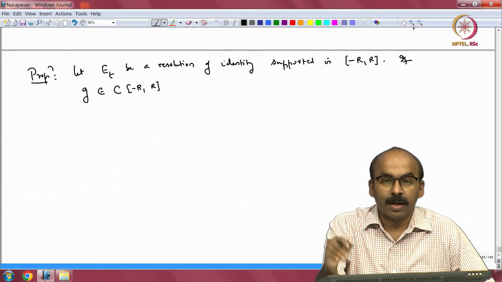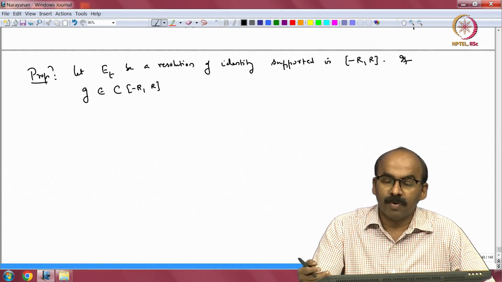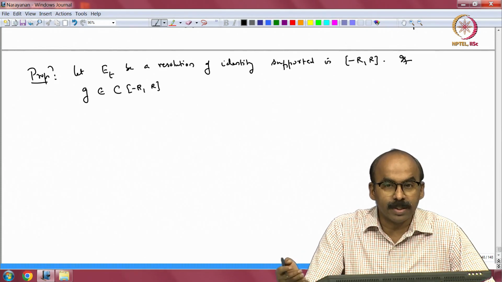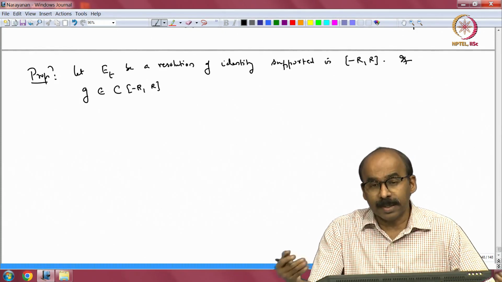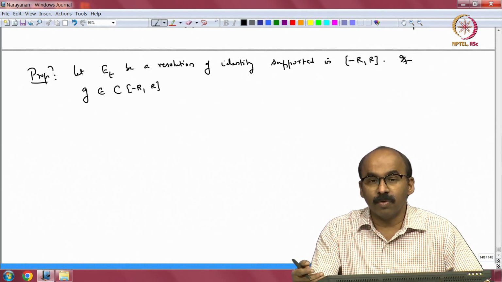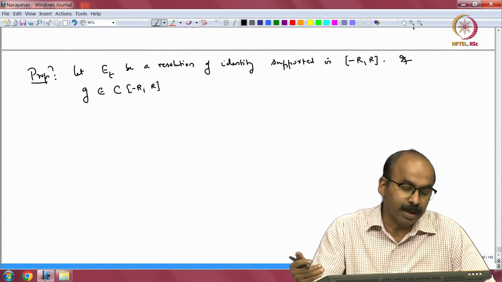Like what we saw earlier, we are sort of doing it the other way, we are starting with the resolution of identity and then trying to define operators using that. Okay. So, the spectral theorem will be written in terms of the resolution of identity, that is what we are going to do for self adjoint operators, because the spectrum is contained in the real line, right.